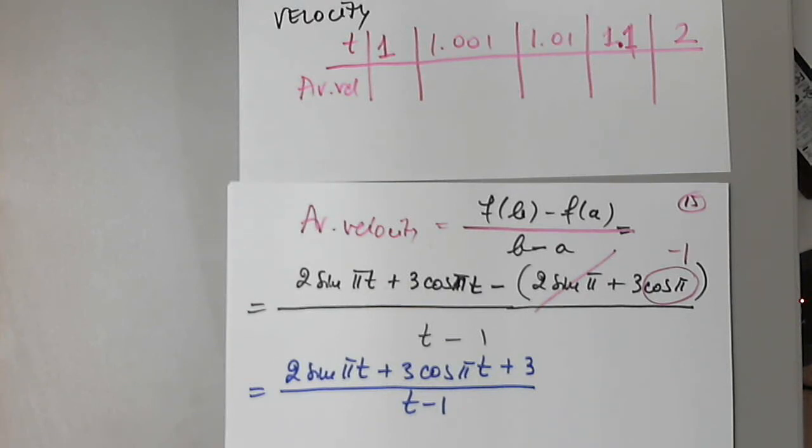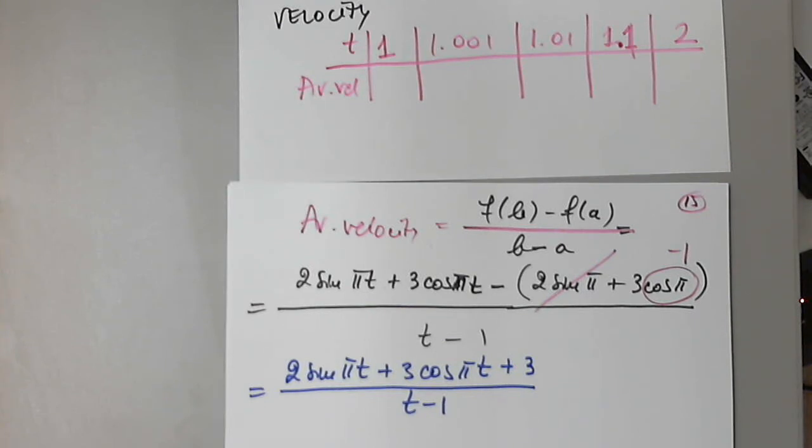And of course, we go back to second and table. What are we plugging in? Let's go from far to close. It doesn't matter. The order is not important. The average velocity between 2 and 1. So let's plug in 2.